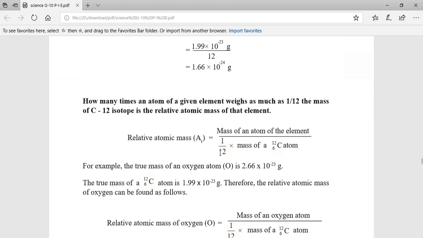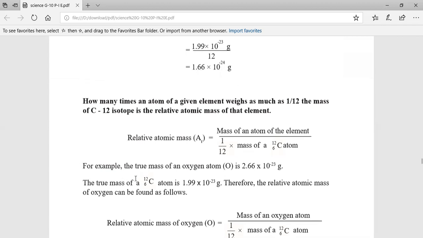Divided by 1/12 the mass of a carbon-12 atom. We know the value of this: 1.66 × 10^-24 grams.